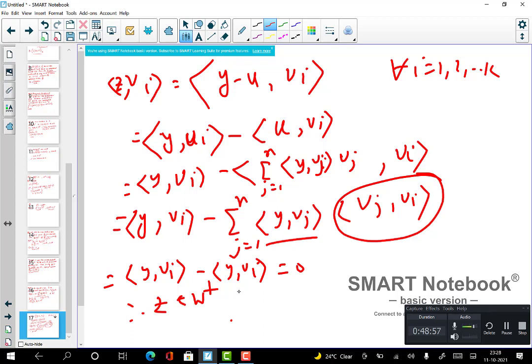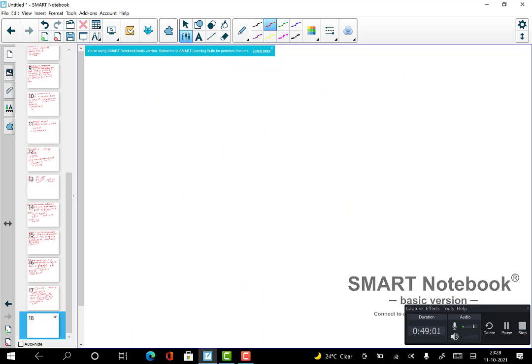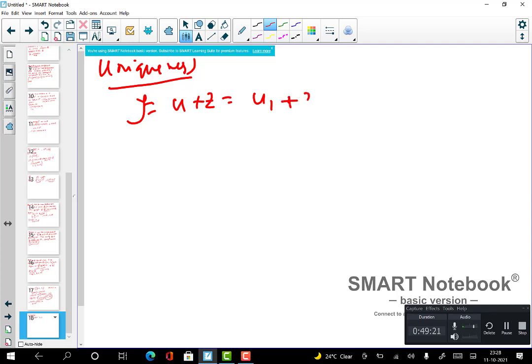Then how do you prove that this is actually unique? For uniqueness, if you write y in terms of u plus z and also u1 plus z1, then you can say that u minus u1 will be equal to z1 minus z, right?